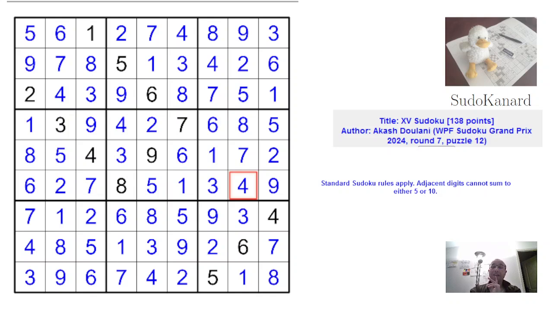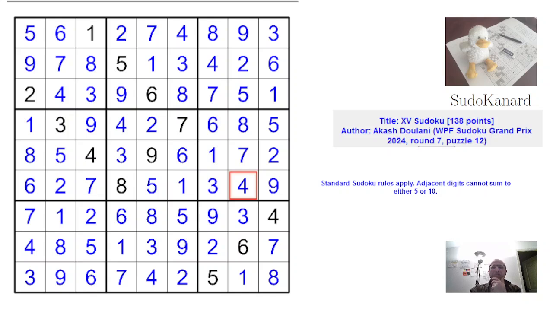On the whole, I think it was a monstrous puzzle, and I'm quite surprised that it was featured in this form with this level of difficulty, 138 points. Usually, the organizers ask the authors to just nerf their puzzle in this case.